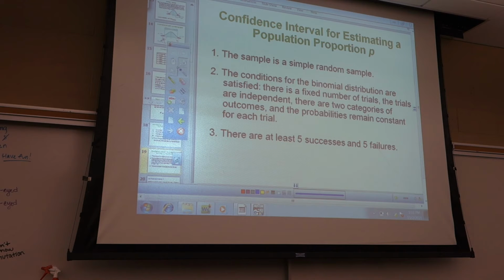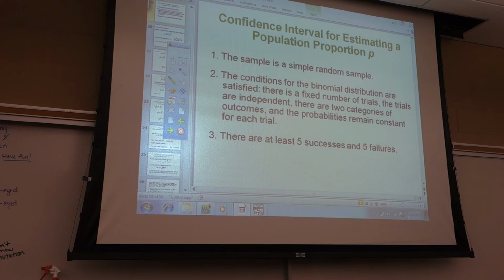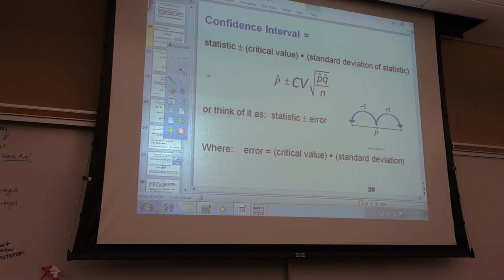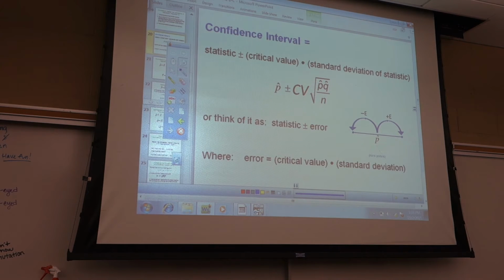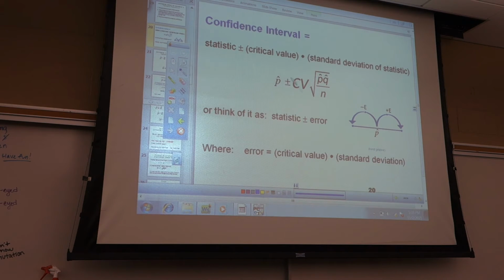All right, so how do you find it? Again, you take your statistic, your p hat, plus or minus your critical value times whatever the standard deviation for that statistic is. So in this case, the square root of p hat q hat over n. You can think of it in this picture too, right? P hat minus your error, p hat plus your error, where error is your critical value times the standard deviation.